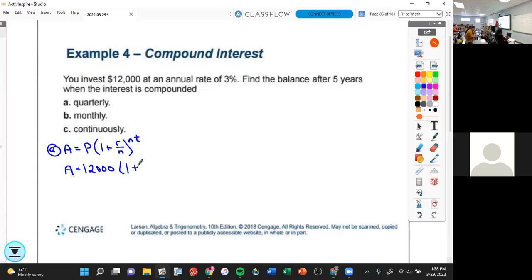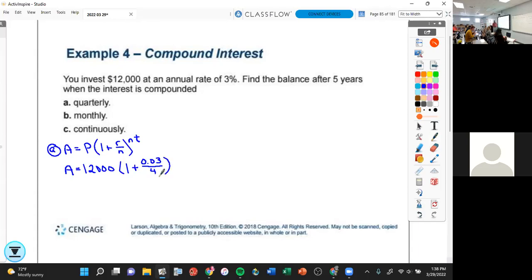Times 1 plus interest rate, R, 0.03. 0.03 divided by quarterly. How many quarters are there in a year? 4. So how many times in a year will it be compounded? 4 times. There are 4 quarters in a year.